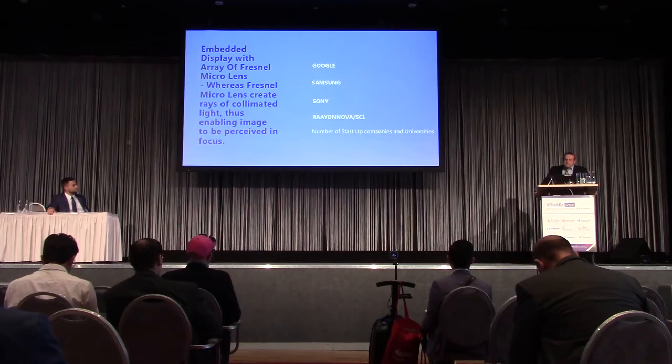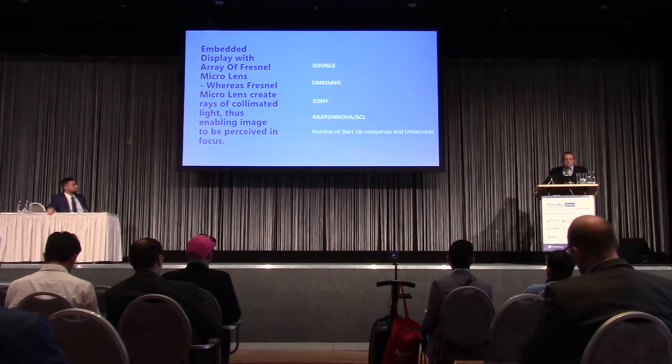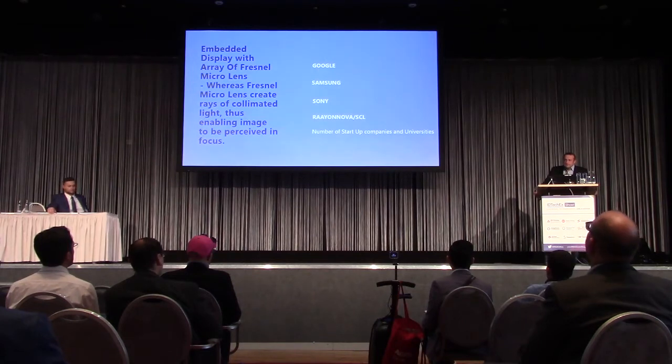And the array of Fresnel microlenses is going to generate collimated beams of light hitting retina directly, and that imagery is going to come in focus as if the display is a few meters away. So that's a good solution, and there are a number of players that are playing around with this idea, and we think that this is going to be the solution going forward.